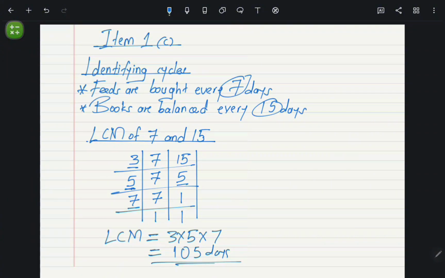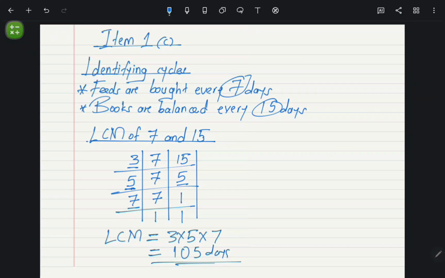This means that the two activities, that is to say buying feeds and balancing books of accounts, is going to take place again after 105 days. But our task was not to find after how many days. The task was specifically requiring us to find out the next date. The next date on which they are going to buy feeds and they are going to balance their books of accounts.